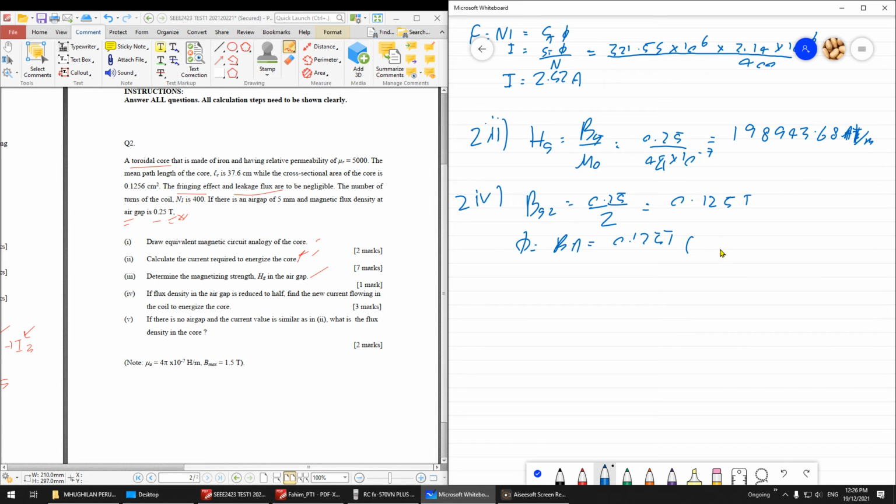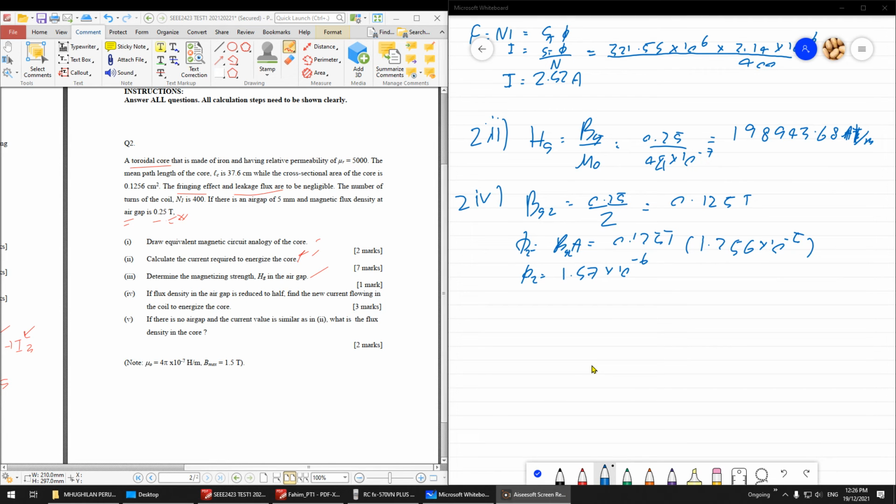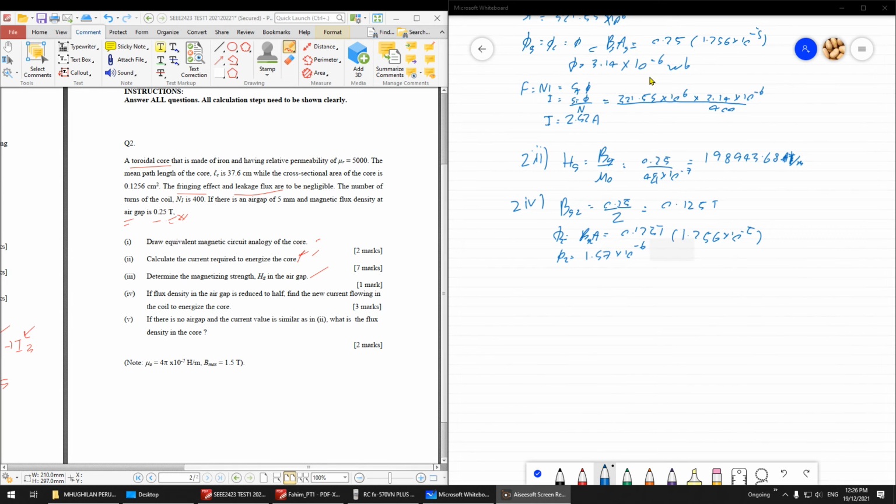Where is the area? Okay, so the area is 1.256 multiplied by 10 to the power of negative 5. So the new flux is equal to this, and this is the answer. And then you just use the last method here.